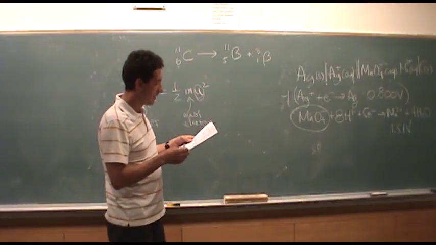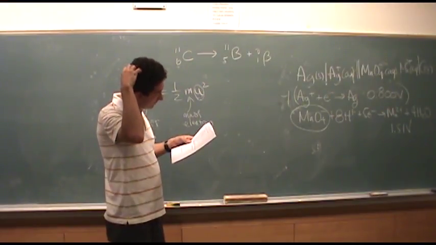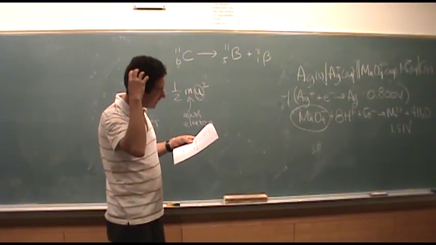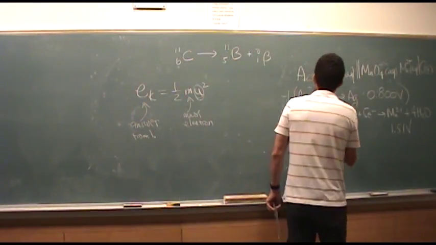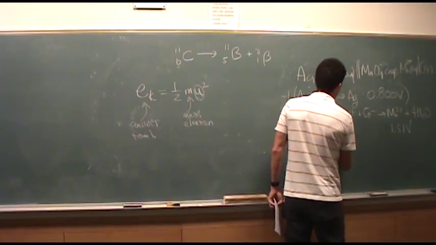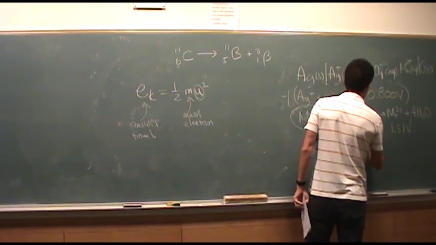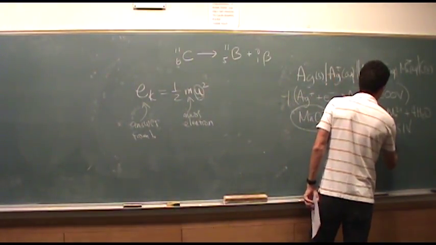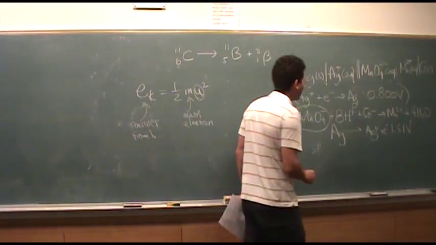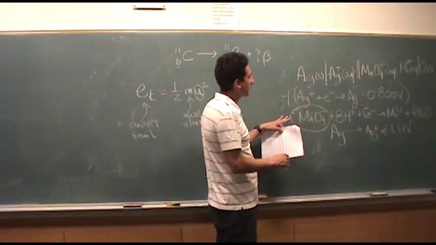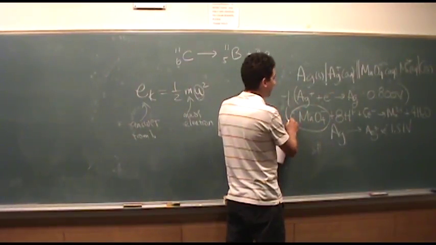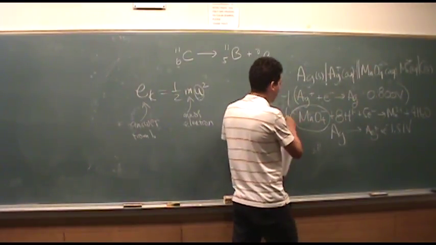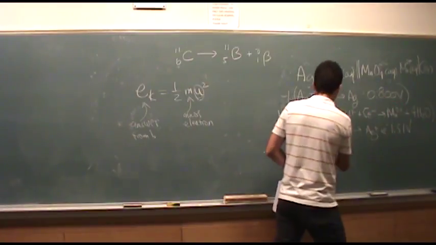Now I need to balance this silly thing. So, I'm going to rewrite that one on top again. Ag goes to Ag plus, because I want a number of moles transferred. Okay, I need to multiply the top by what when I add these two? 1. And the bottom? 5.